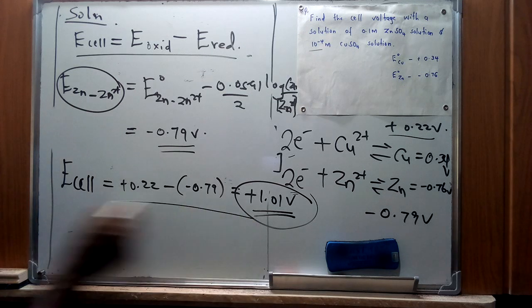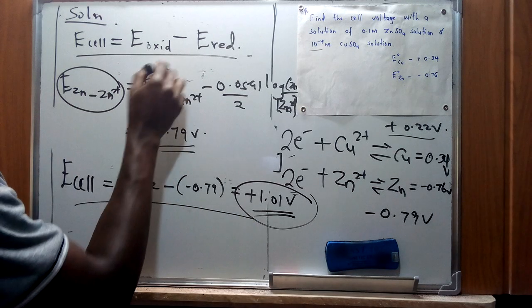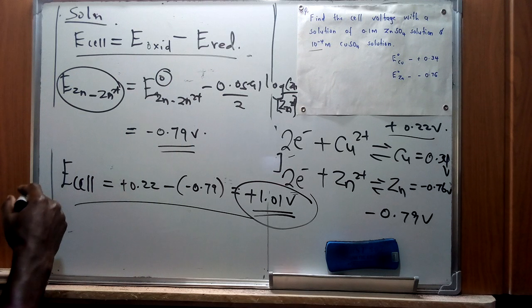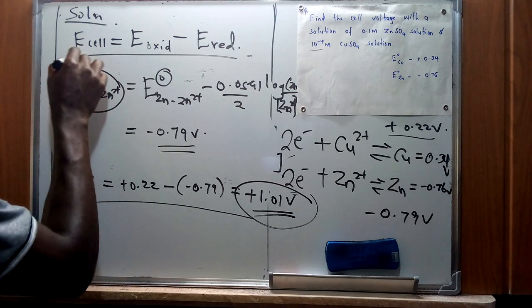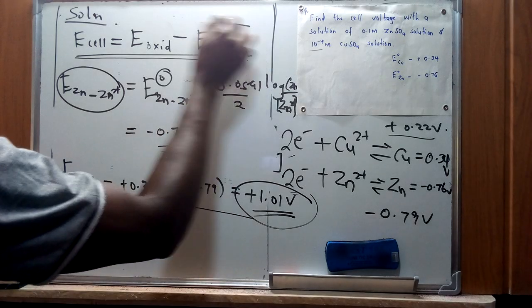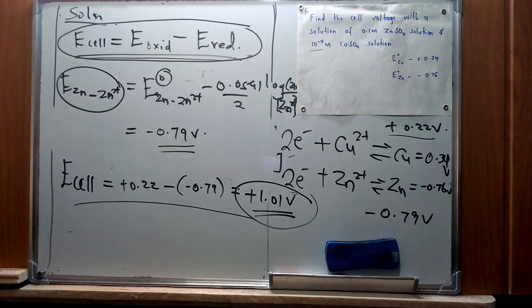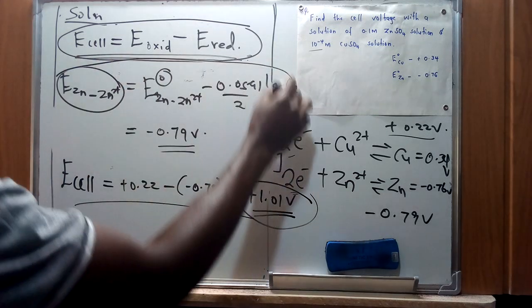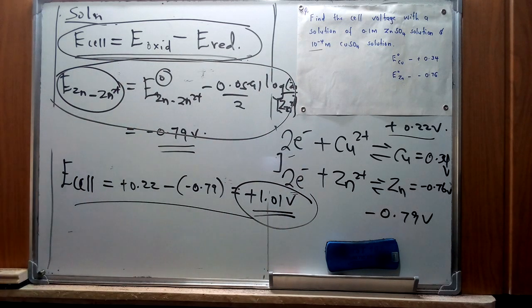So the essence for us was, number one, to understand why these specific notations are being used. Number two, to find the general expression, another alternative representation of E cell apart from the Nernst equation that we have already been discussing. Those two concepts are going to assist us in finding a solution to questions such as the one we have illustrated on the board.